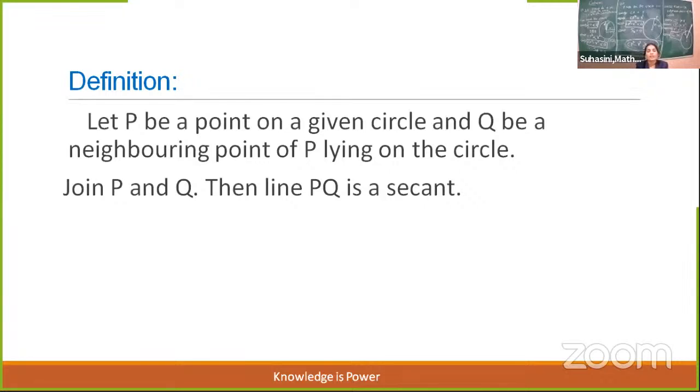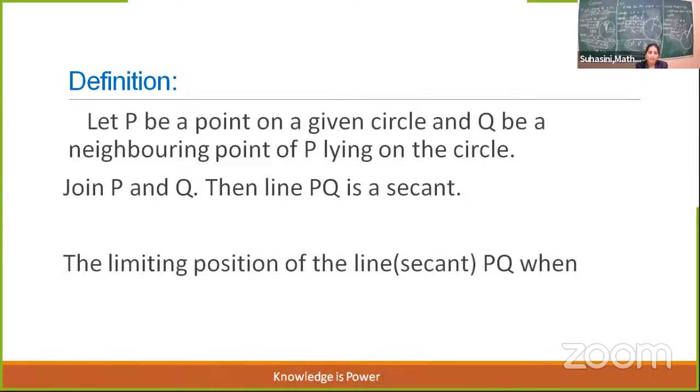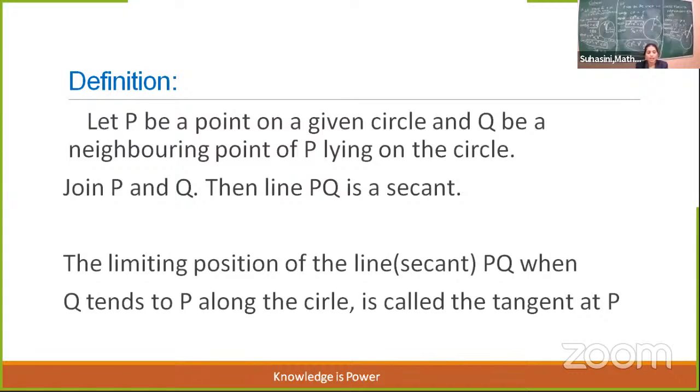Join PQ. Then PQ is called secant. The limiting position of the line PQ, when Q tends to P along the circle, is called the tangent at P.